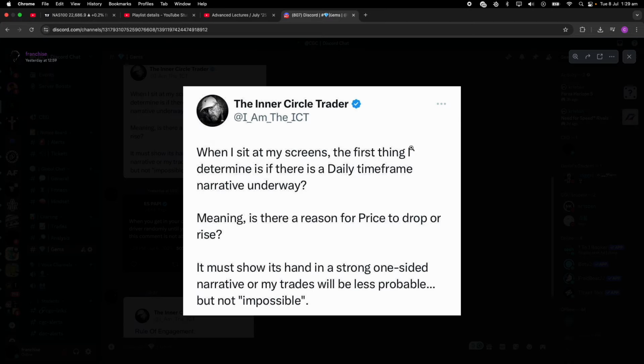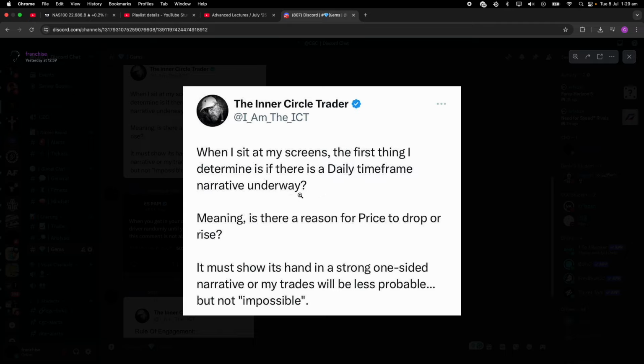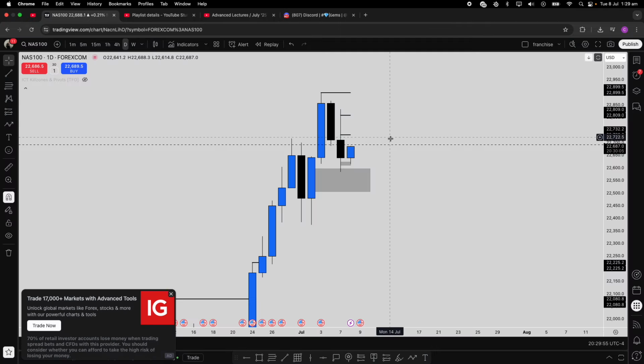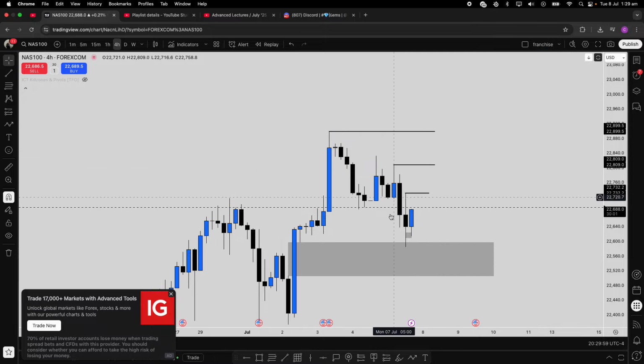When I set my screens, first thing I determine is if there is a daily time frame narrative, meaning is there a reason for price to drop? Just like today, we had a gap after taking ERL. There was a reason for price to drop, so that was a really good short bias. It must show its hand in one strong-sided narrative, or my trades will be less probable, but not impossible. And this is where he mentions the 4-hour and the hourly with the same logic.